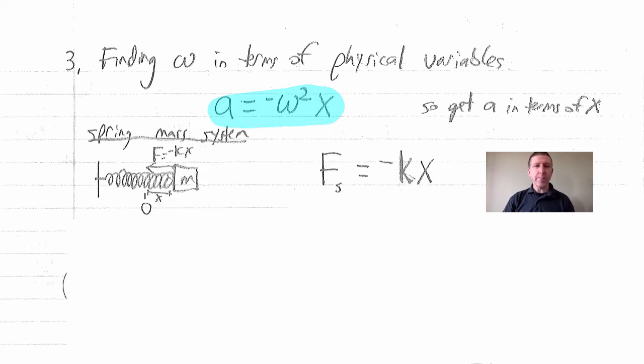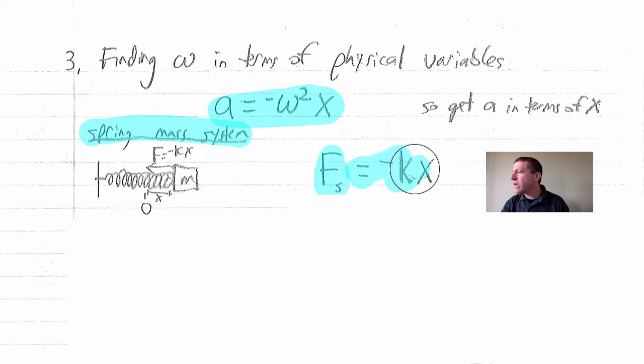Let's start with the most simple version of this, and that is our spring mass system. In our spring mass system, we have a displacement x, and then the force is going to be negative kx. So the force due to the spring is F sub s, and because of Hooke's law, we know it will be negative k times the displacement x.